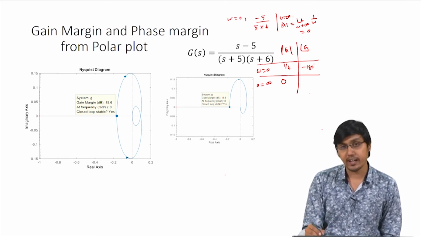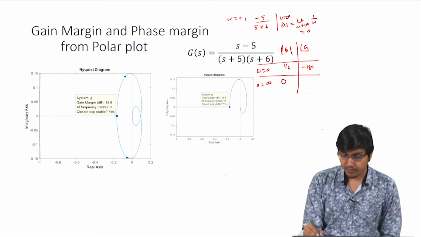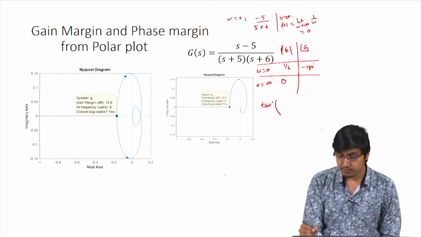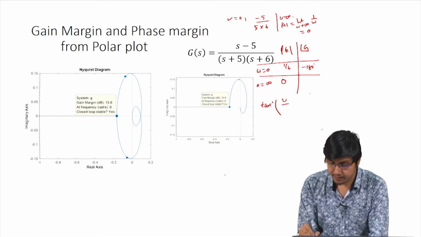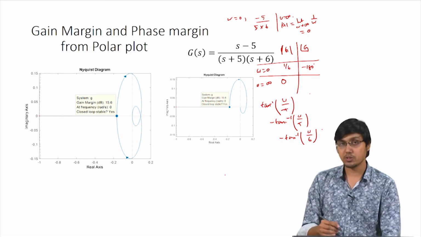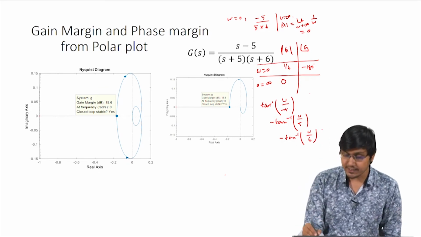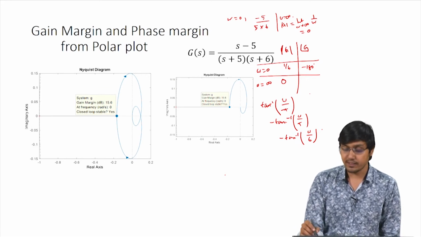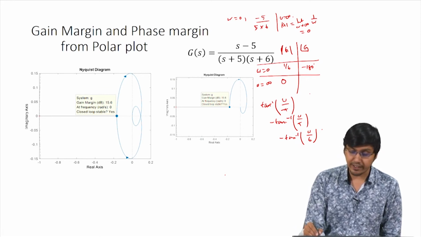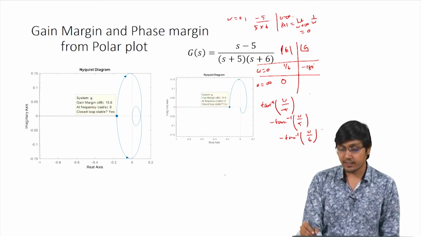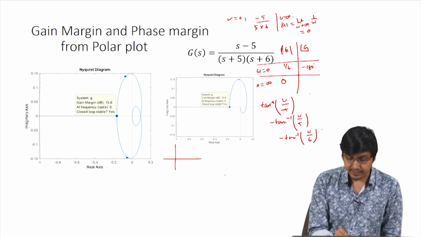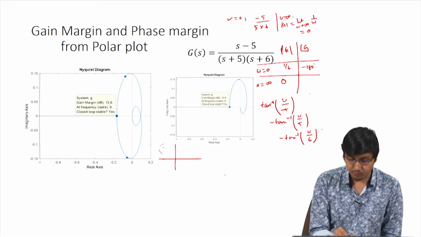And if you see the angle, basically what you have is tan inverse of omega by minus pi, minus tan inverse omega by pi, minus tan inverse omega by 6. Remember this is a complex number form, and if you want to find the angle here, minus pi comma omega is somewhere in this quadrant when omega tends to infinity.